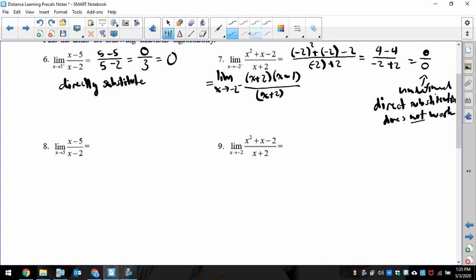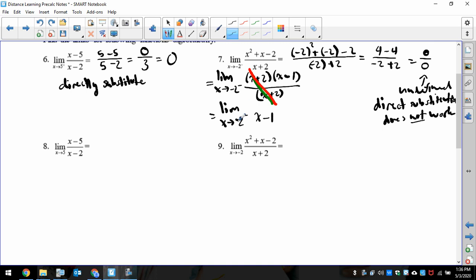Notice that the x plus 2 factor cancels. I meant to get red. But the x plus 2 factor cancels. And so we haven't directly substituted yet. So we haven't plugged in the value into the function yet. We canceled. So let's write what's left over. And notice the limit is still hanging around.